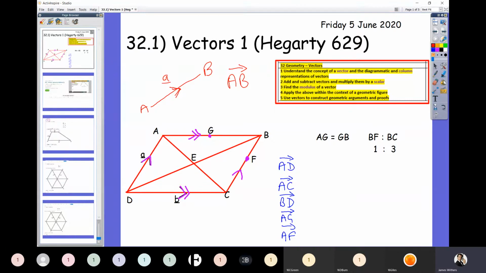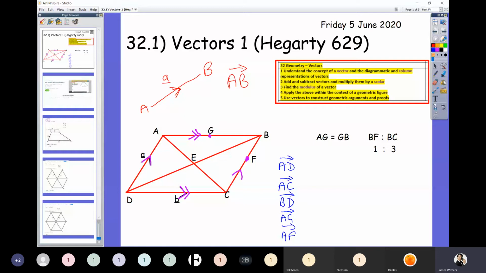Now, if we are writing it by hand, we do a little dash underneath it to show that it represents a vector. If we were typing it, textbooks will have it in bold type, a lowercase a. Now, for the purposes of Mr. Hegarty's answers, clearly it's not easy to put a little dash underneath, so he's just using normal lowercase letters.